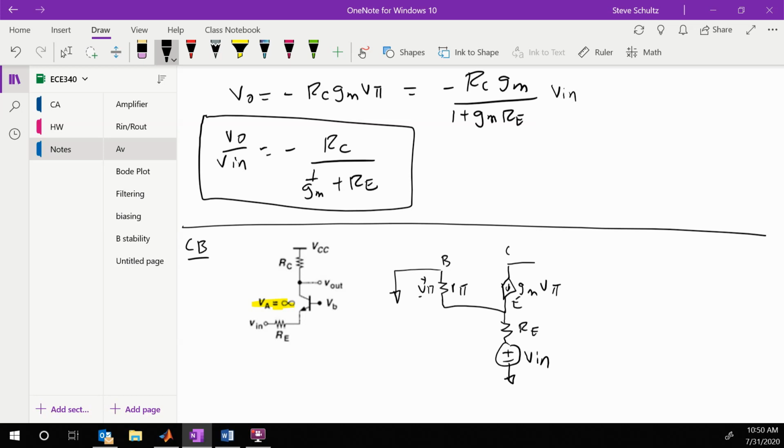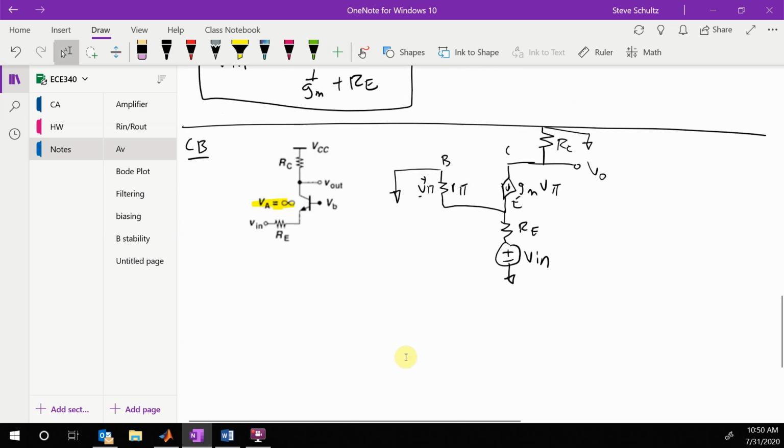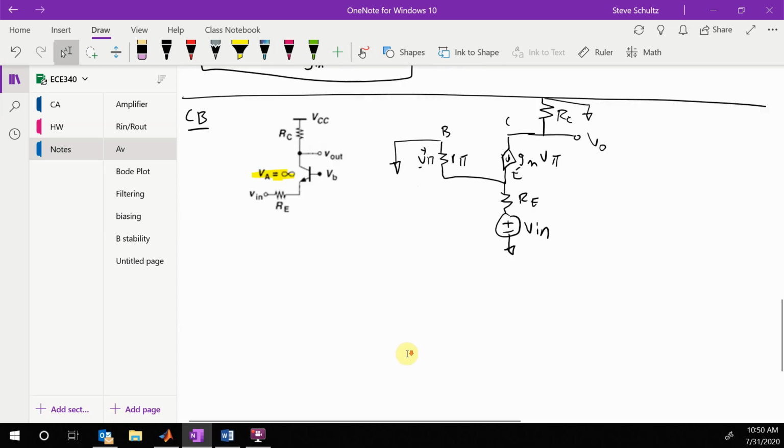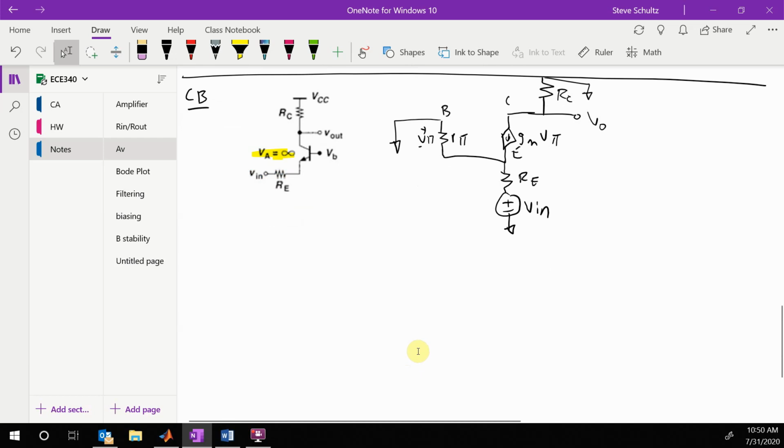And a V in. And then this is our V out, and then we have an RC, and that goes up to a ground. So we have to redraw all of this circuit because I got grounds up here on the top and grounds over here. So let's redraw this to make this a little bit simpler. So here is our R pi that goes to ground.